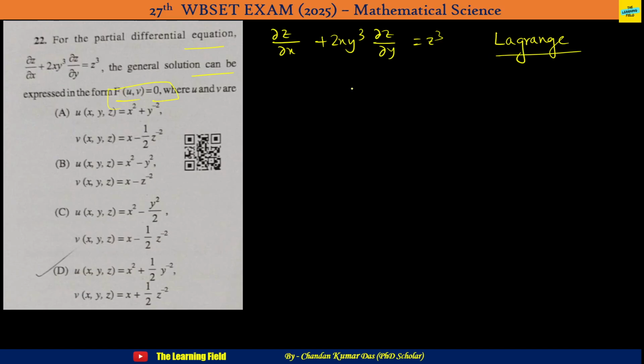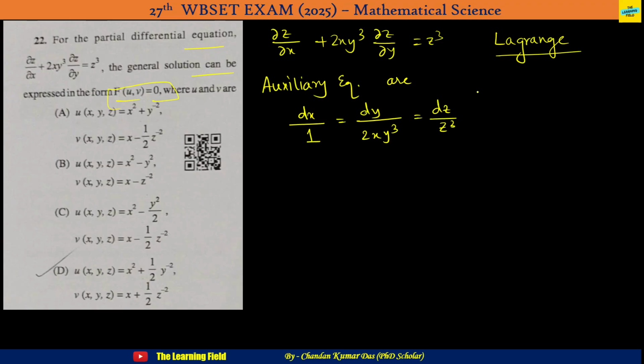We write the Lagrange's auxiliary equations: dx by coefficient of del z/del x, dy by coefficient of del z/del y, and dz by z cube, dz by r here. Fine, P del z/del x plus Q del z/del y equal to R.